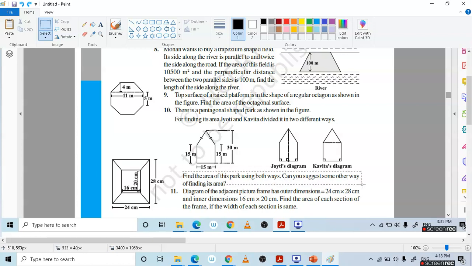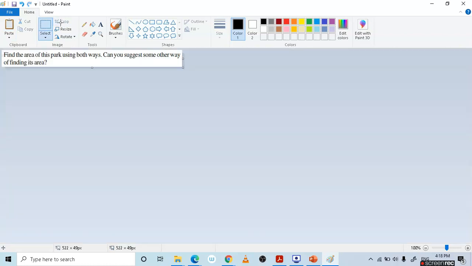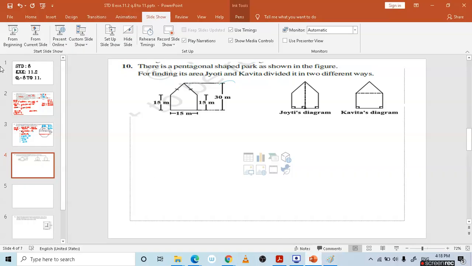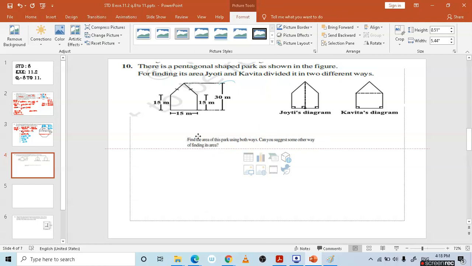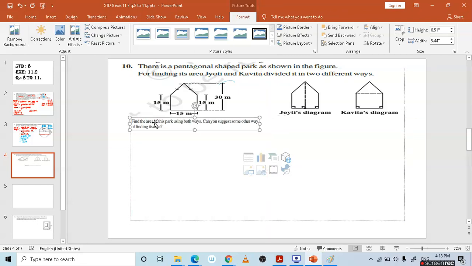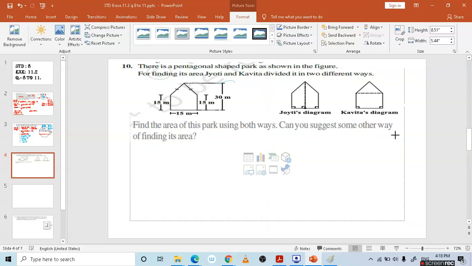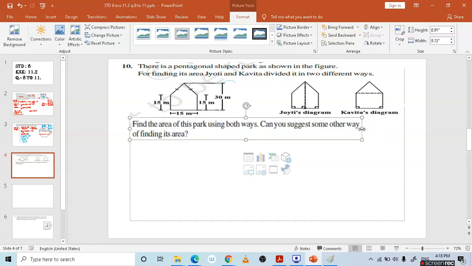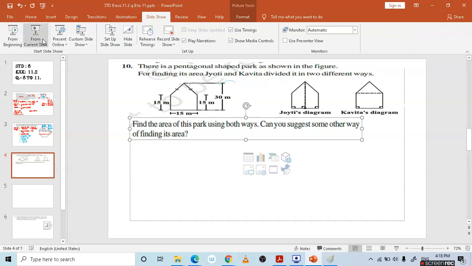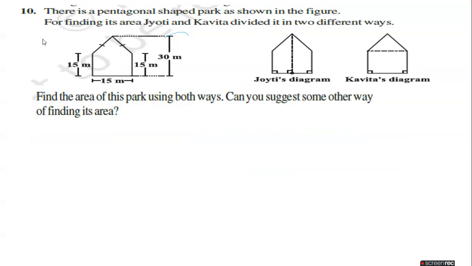Let me crop these things. Okay, now it's done. Then we have to find the area of this park using both ways.